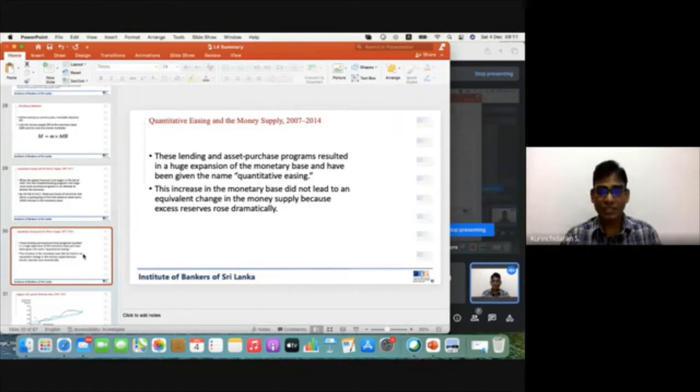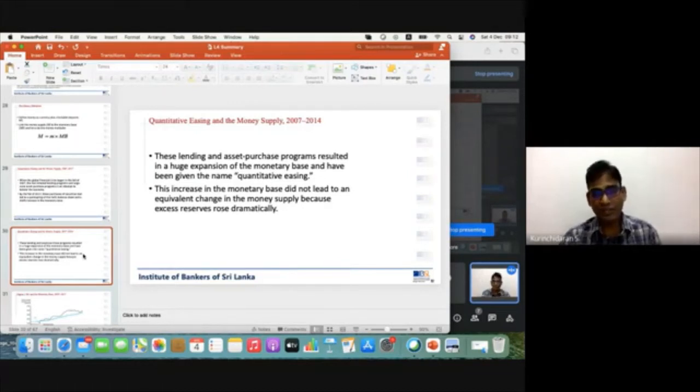So when a central bank introduces this kind of program, currency and reserves would increase. Because it's a quantitative item, we can quantify it, so we call it quantitative easing. When the monetary base expands, we call it quantitative easing.